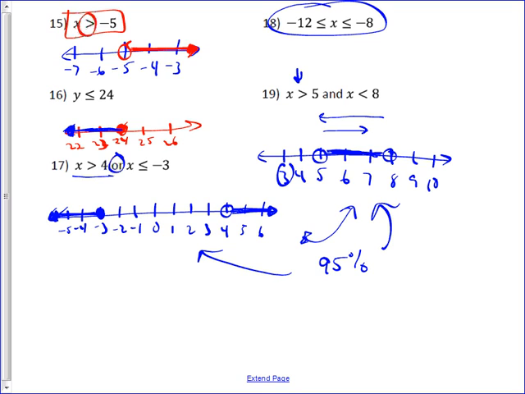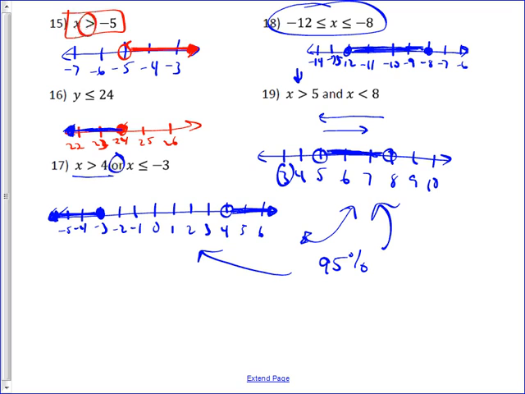Whenever you see something like this, it reads x is greater than -12 and x is less than -8. So you just plug in your numbers, you get -12 and -8 as your cutoffs. I'm having trouble writing them out. And so you get a closed circle at -8, closed circle at -12, and then it's just the things in between.